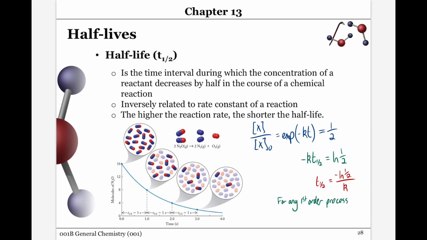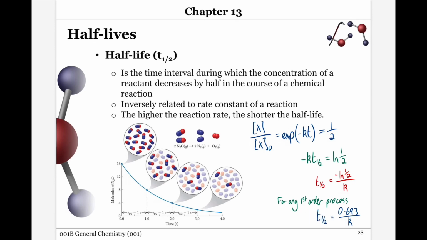What we will typically find is that this logarithm value is actually enumerated, and when we enumerate it, we find that the half-life is just 0.693 divided by k. So we see this very clear inverse relationship between our rate constant and our half-life.